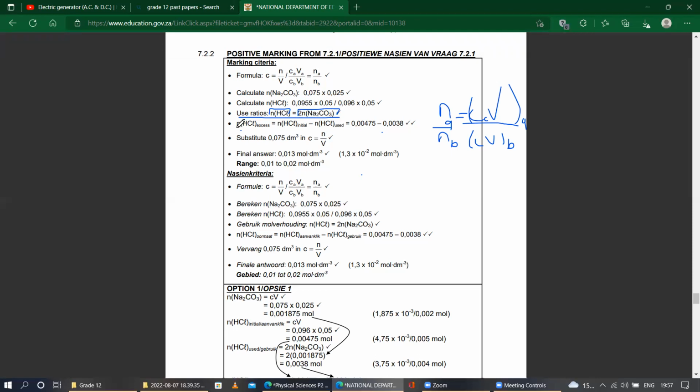Therefore, the number of moles in excess that are not used is going to be equal to the number of initial moles minus the number of moles used.